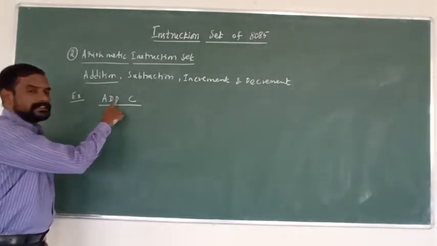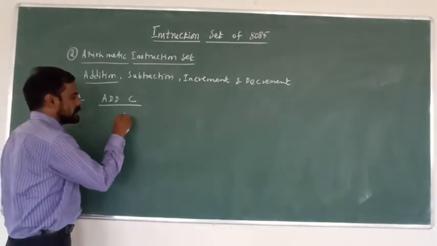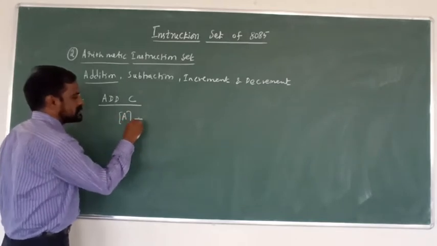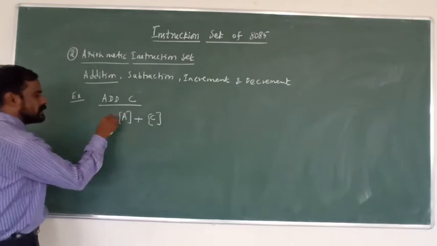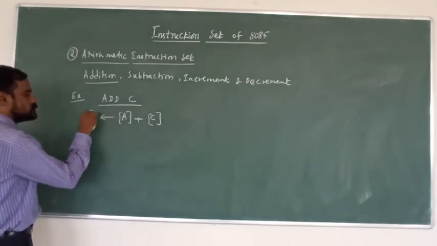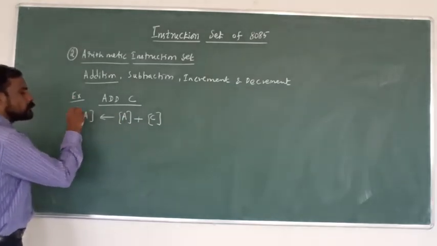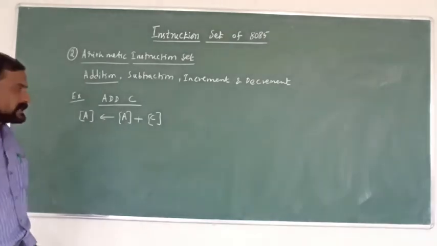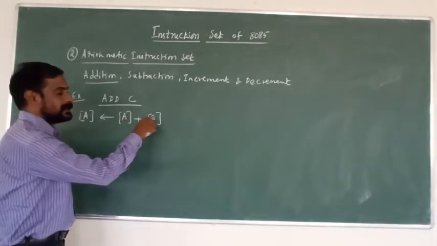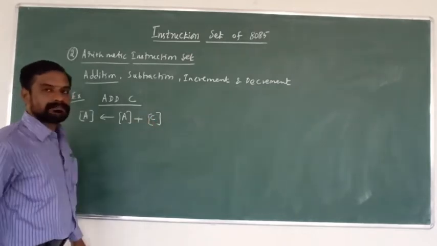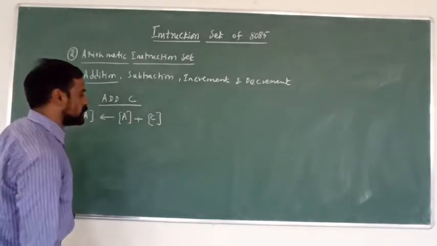ADD means default accumulator content plus register content. Now add these two data and the result always moves to the accumulator itself. Data 1 is always the accumulator, the second data will be any one of the 6 general purpose registers.